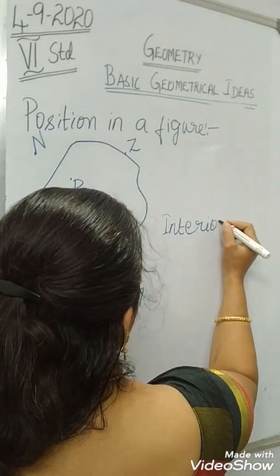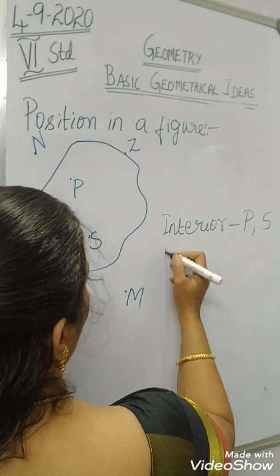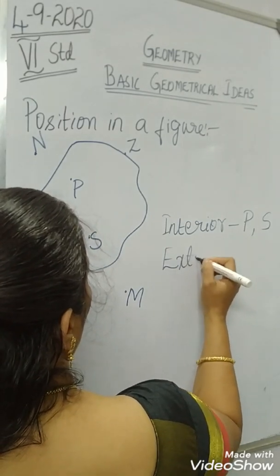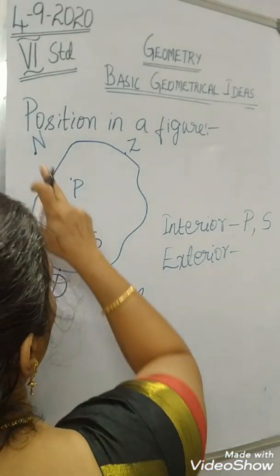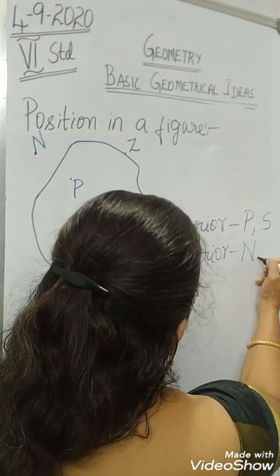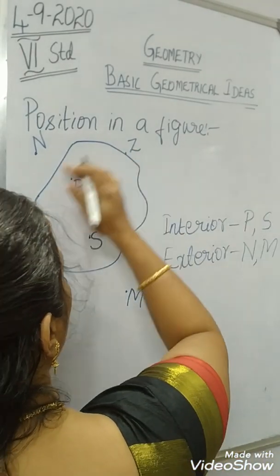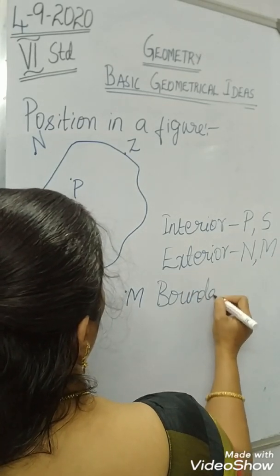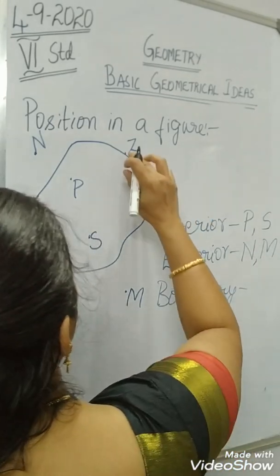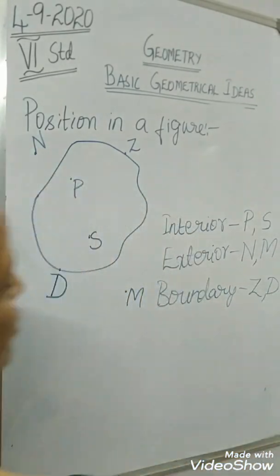Interior points are P and S. Which are the exterior points? Exterior means which are outside the figure. That is M and N. Or you can write it as N and M also, not a problem. Now, the points which are on the boundary. Which are the boundary points then? The points which are on the boundary are Z and D. Isn't it or not? Yes? I hope you understood.